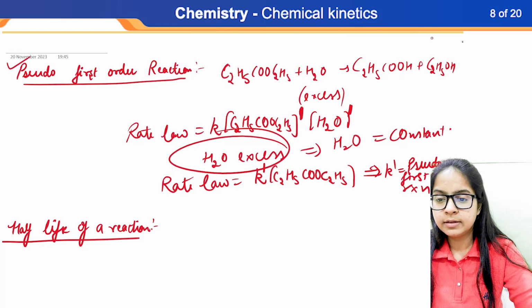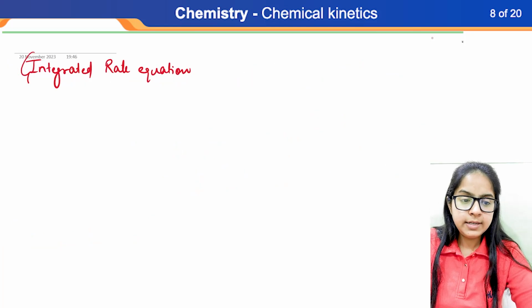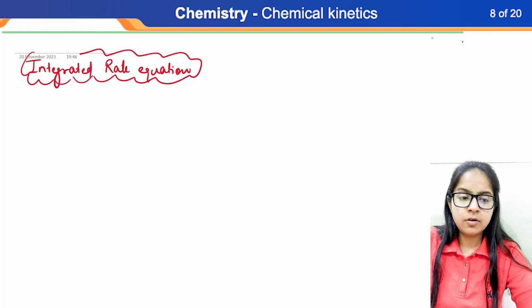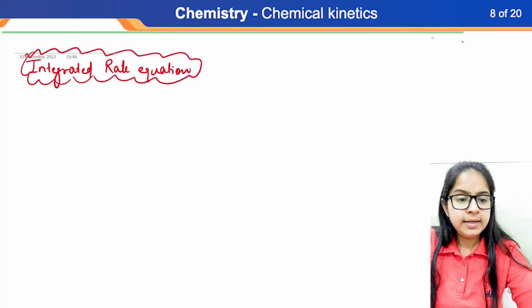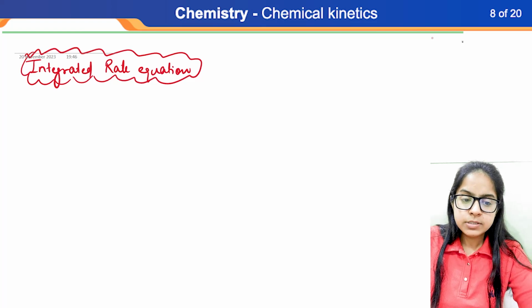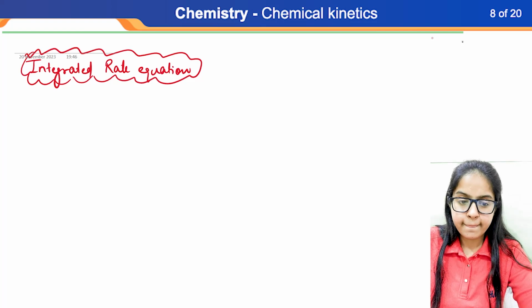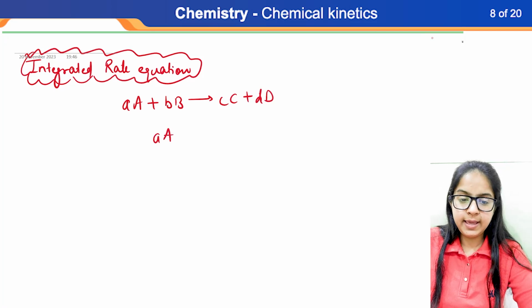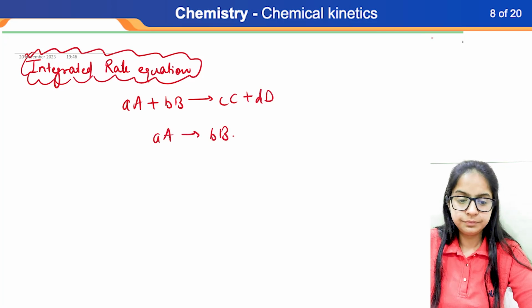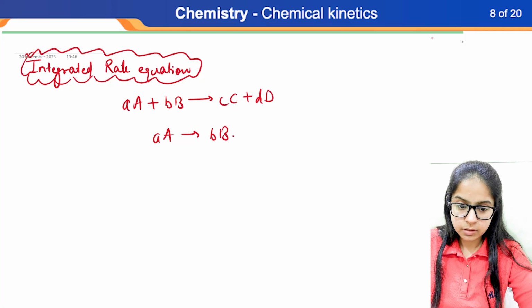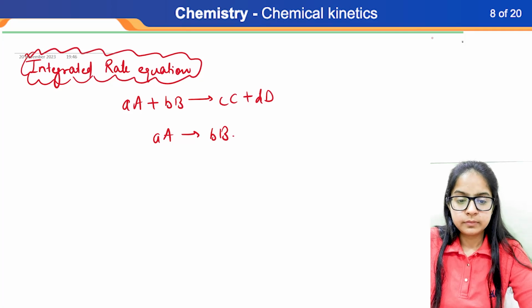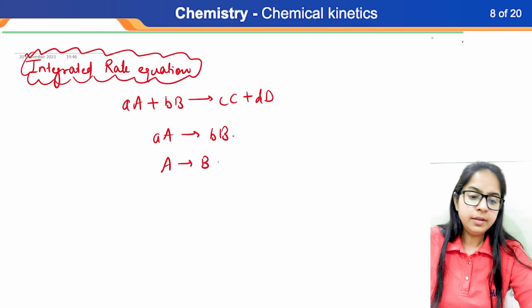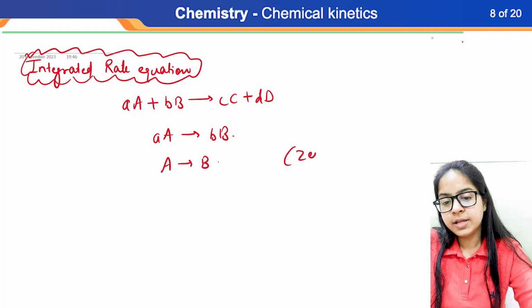And after that, what is integrated rate equation? Now I'm going to explain what is the integrated rate equation. Suppose we have A giving B. So for the zero order reaction, I am writing it.